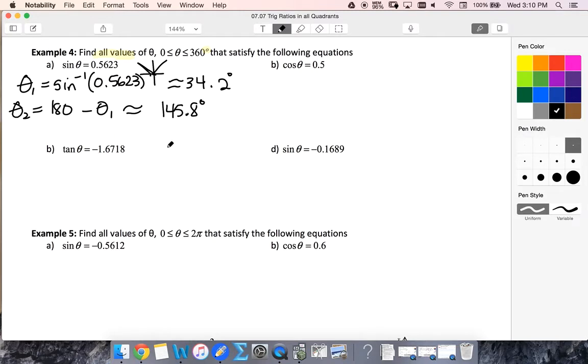Tangent is negative. Well, I know tangent is positive in the all and the t, so tangent must be negative down here and up here. But remember, I'm measuring from the positive direction.